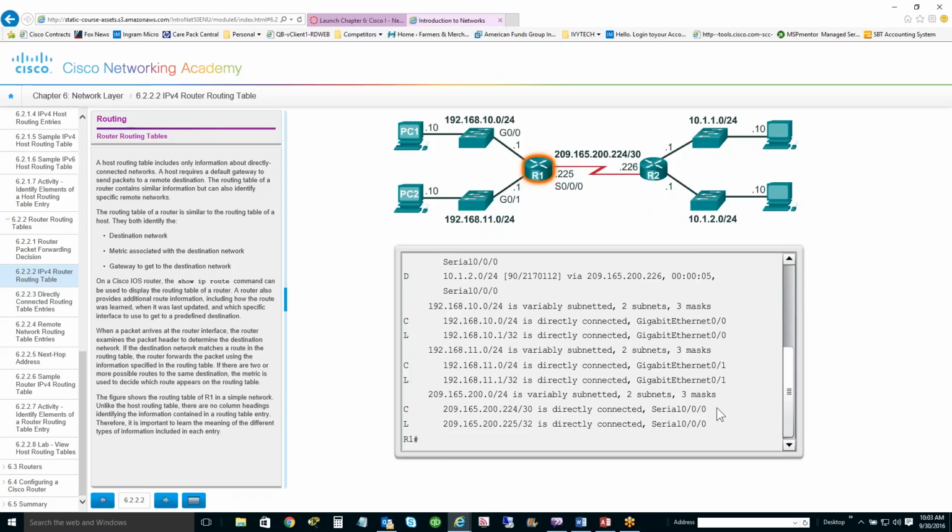But the route tells you what the interface is that it's going out, which in this case, these routes are going out your gigabit 0/0, and these routes are going out your gigabit 0/1, and these routes are going out your serial 0/0.